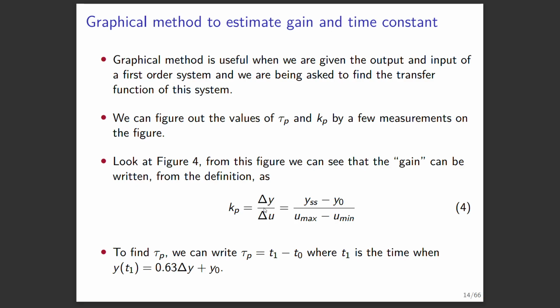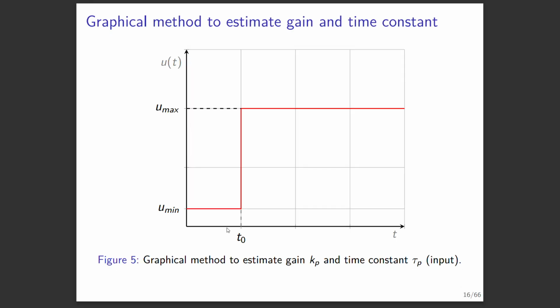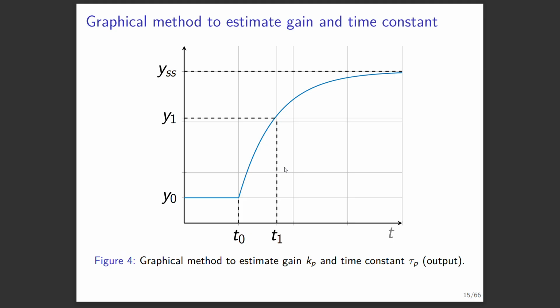Well, as we talked about, gain is going to be YSS minus Y0 divided by your input's magnitude. So how big is your input? If your input jumps from U min to U max, this is going to be your capital A, then capital A has caused this much jump in your output, right?